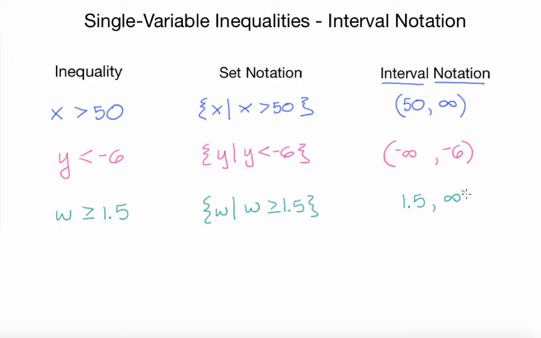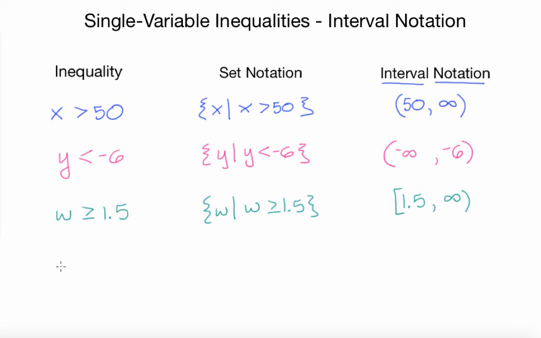I put the parenthesis for the infinity end, but for the 1.5, it is a solution, since 1.5 is greater than or equal to 1.5. So I put a solid straight bracket instead of a curved bracket. Notice the distinction: with the 50 and the -6, we put curved because they were not solutions, but with the 1.5, I put a square bracket, indicating that it is a solution. There's my interval notation representing all the possible numbers that work for that inequality.